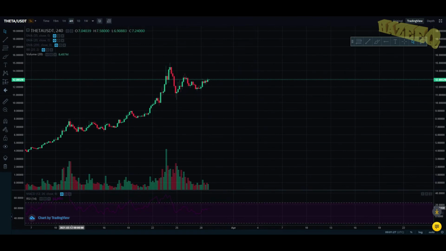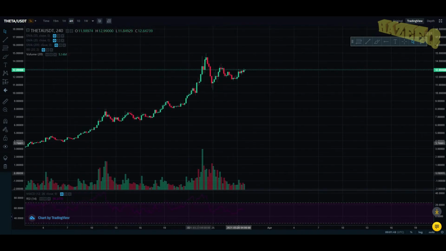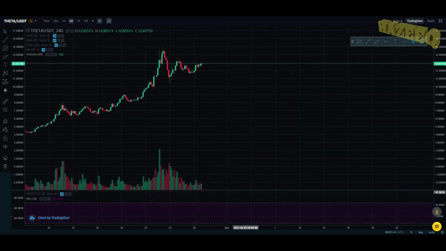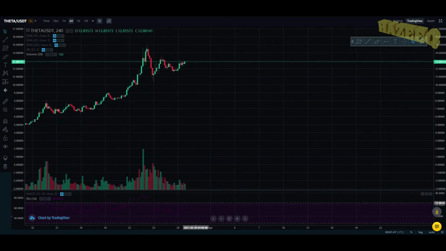So as you can see, we have this line, and this line means if this moving average goes above the line, that means that we are in overbought territory. So basically what this indicator shows is overbought and oversold. That's the simple way to put it so you understand.